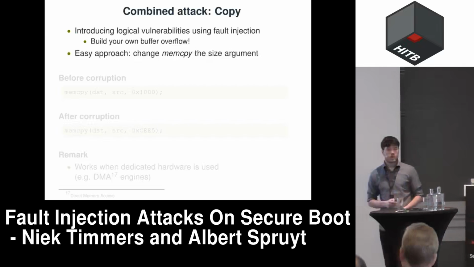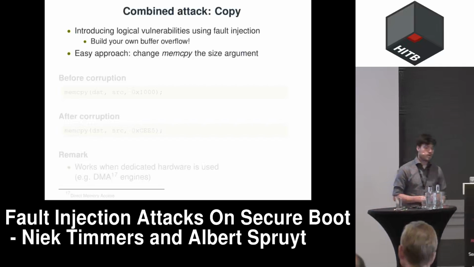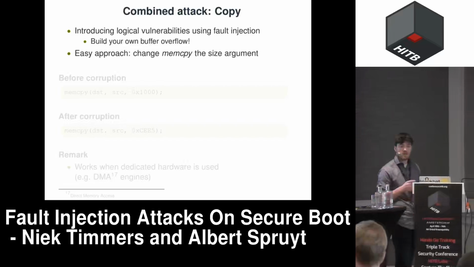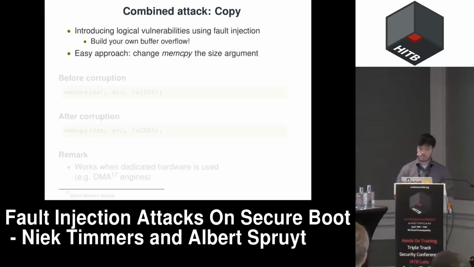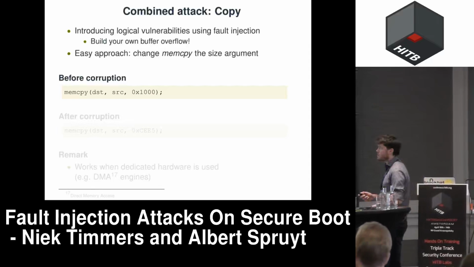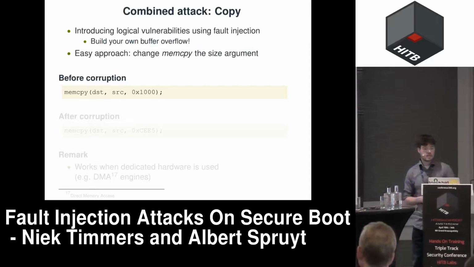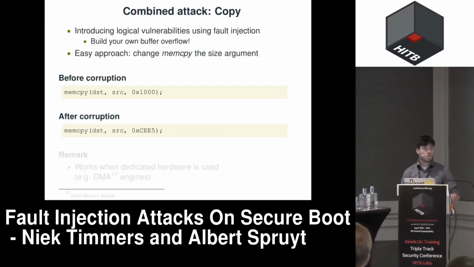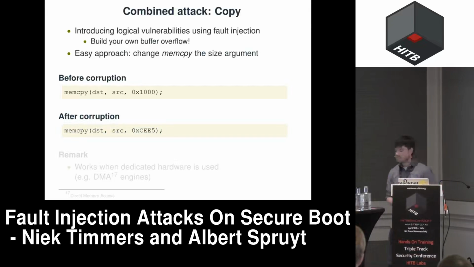For this example, we're going to take the easy approach, and change the size argument of a memcopy. To illustrate, before the corruption has occurred, we're going to copy 1000 hex, and after the corruption, we're going to copy more data.